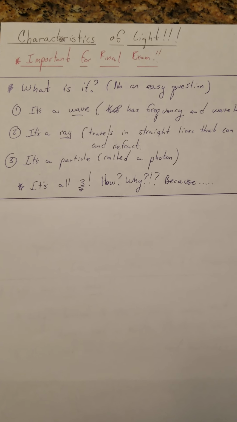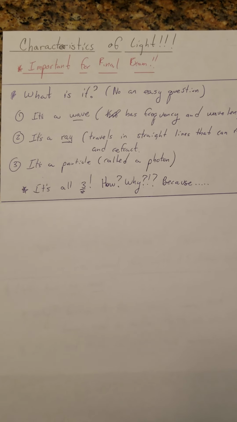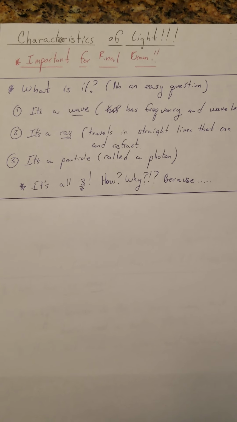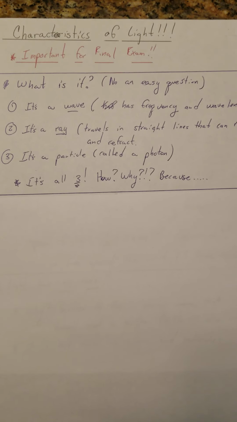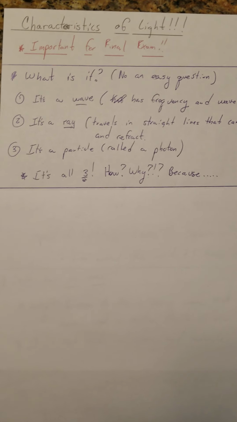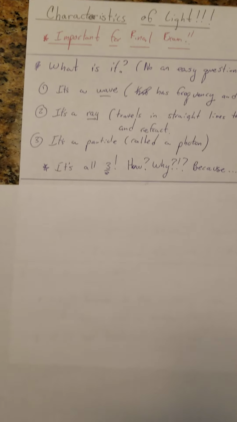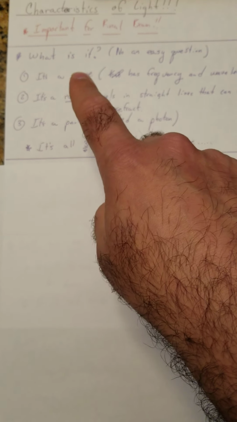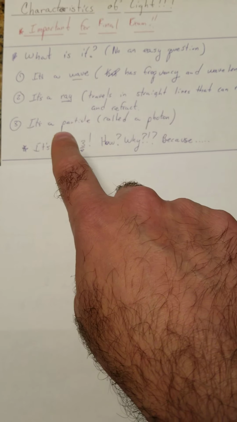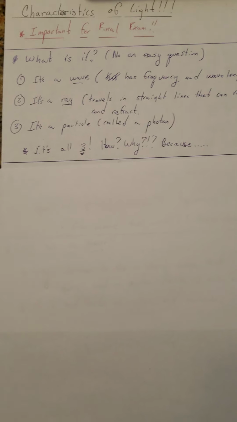Is that confusing? Yes. I will quote Neil deGrasse Tyson by saying that the universe is under no obligation to make sense. And that's one of the things that really doesn't make sense. But unfortunately and scientifically, this has been proven true time and again, that it's either a wave or a ray or a particle, a photon. Sorry, that's just the way it is.